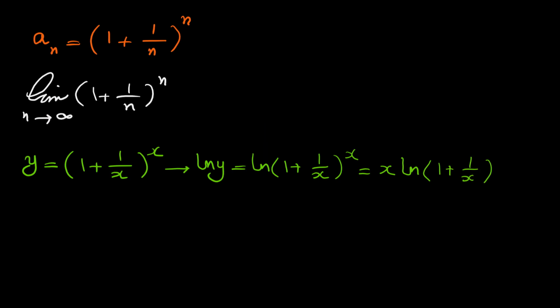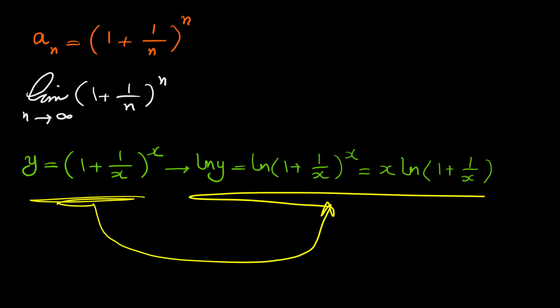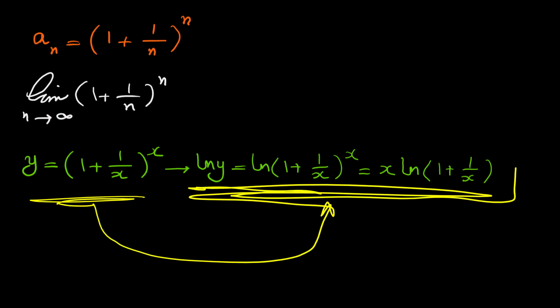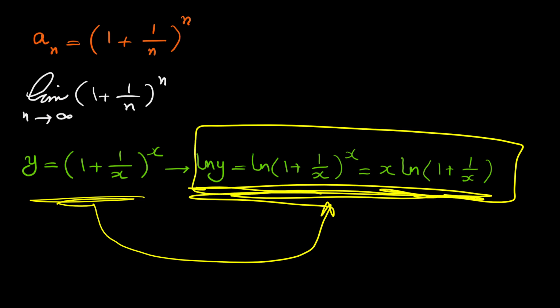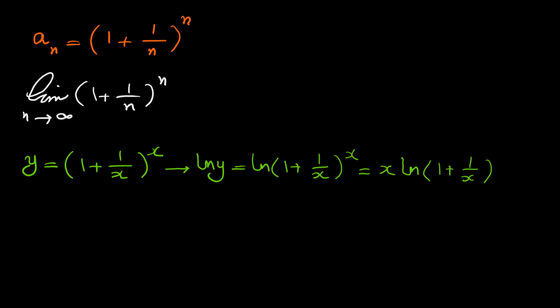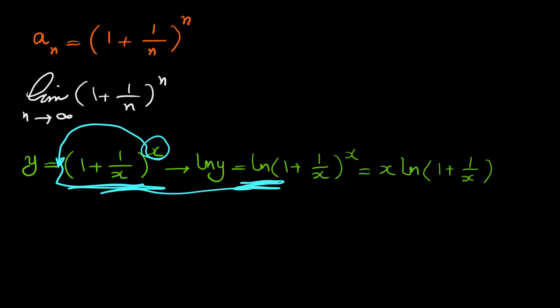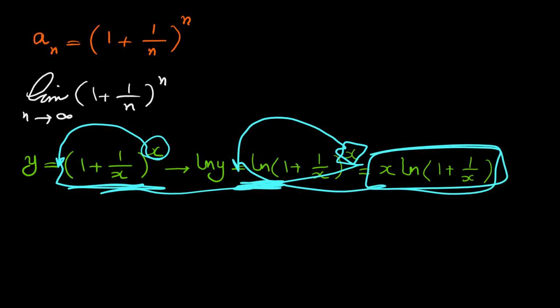If you wonder why we take ln of both sides of this relation and get to here, because at least now it seems that this is a little more complicated than this. But the thing is that we want to bring this exponent down. For that reason, we take ln, because with the property of ln, we can bring the exponent down. Now all the variables are down here.